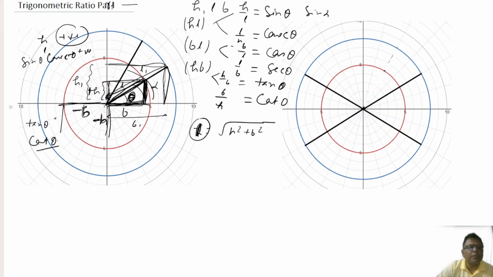All others will be negative. Here, the quantities involving B and L, cos theta and sec theta, will be positive. And here all are positive.